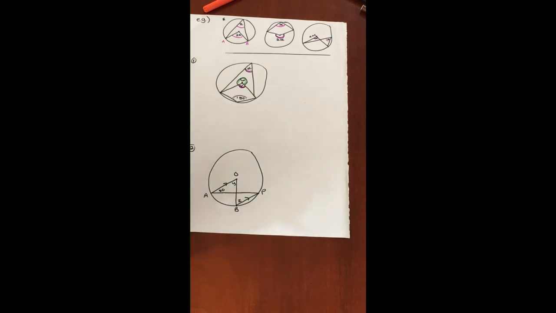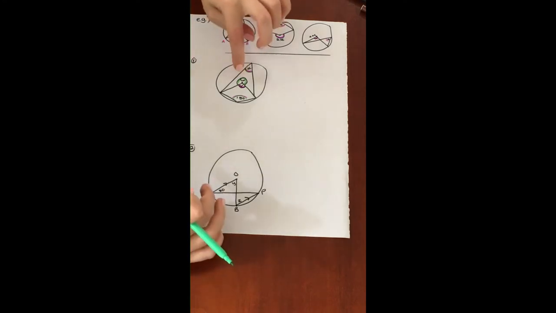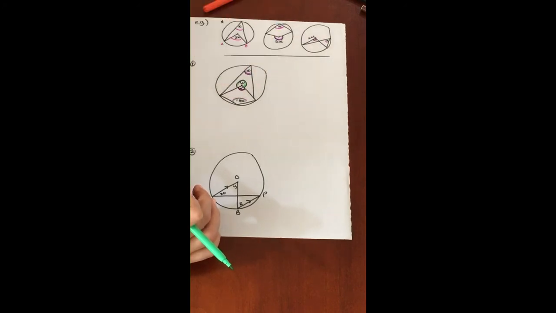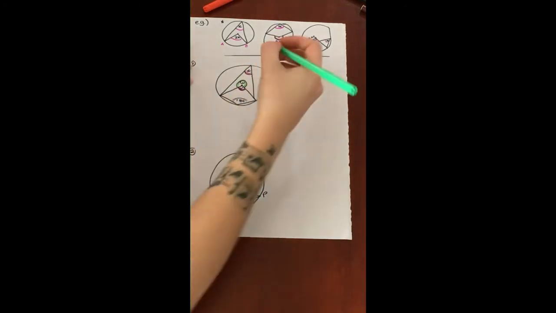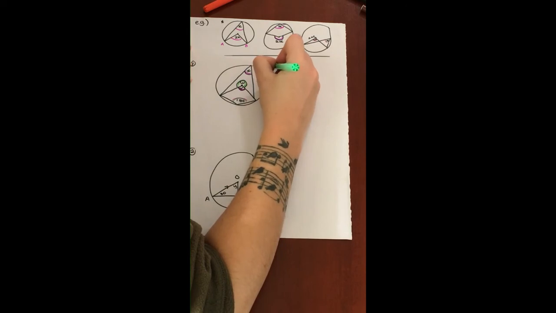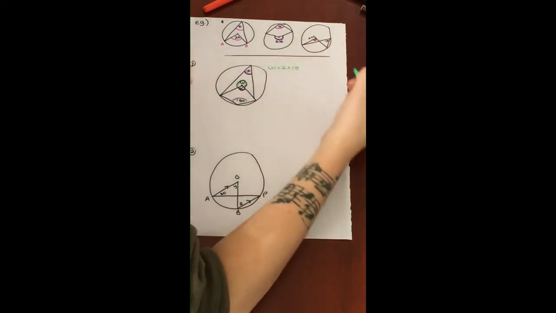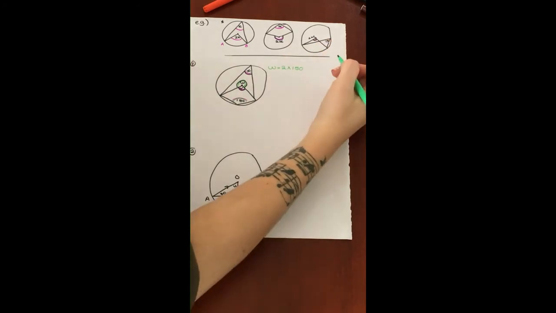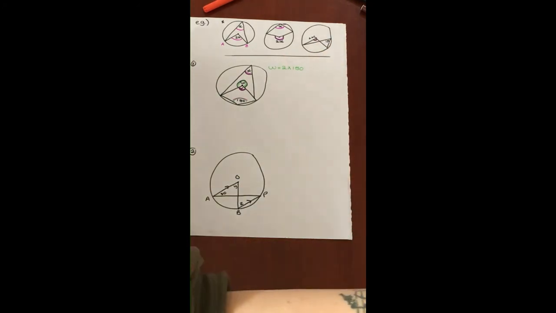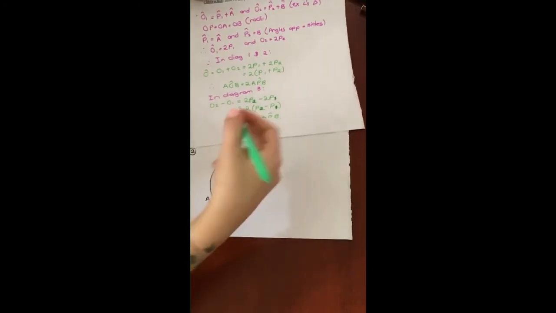Okay, so remember we've now established that the center one is double the size of the circumference. So we're going to say W is equal to 2 times 150. And I didn't even give you the reason. So let me just write it down so you can add it into your theorem.